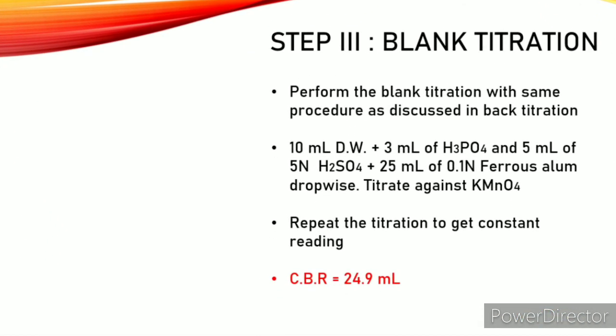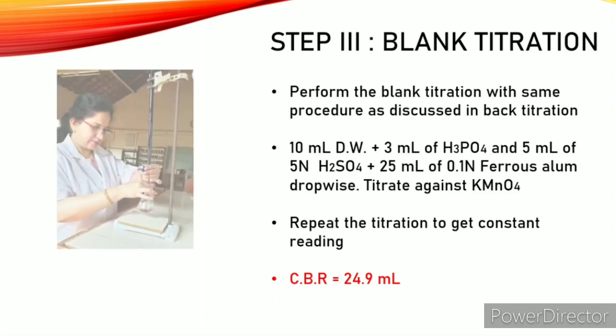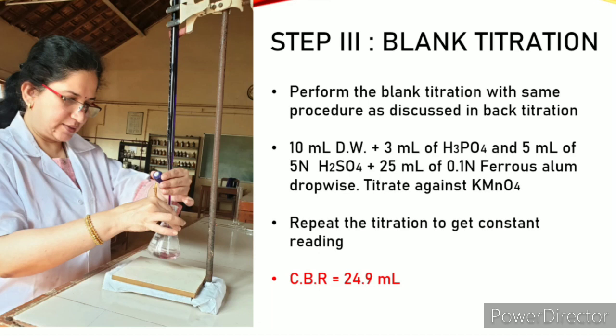Now step 3, blank titration. So perform the blank titration with the same procedure as discussed in back titration but without persulfate ion, and titrate it against KMnO4 from the burette. Repeat the titration to get a constant burette reading.